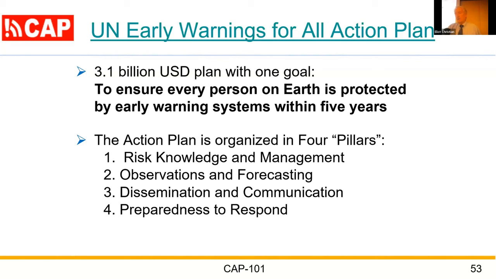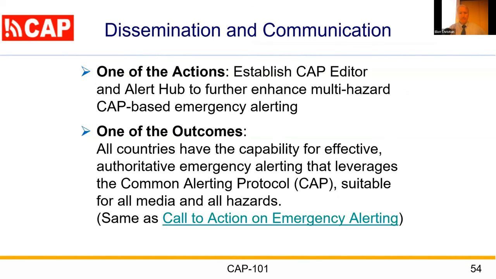That action plan rather is organized in 4 pillars. We are particularly concerned with pillar 3, which is the dissemination and communication of warnings. One of the actions in that dissemination and communication pillar is to, quote, establish CAP editor and alert hub to further enhance multi-hazard CAP-based emergency alerting. And again, those are both services offered by my nonprofit company, alerthub.org.